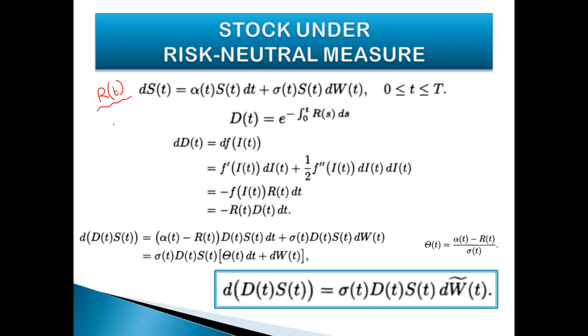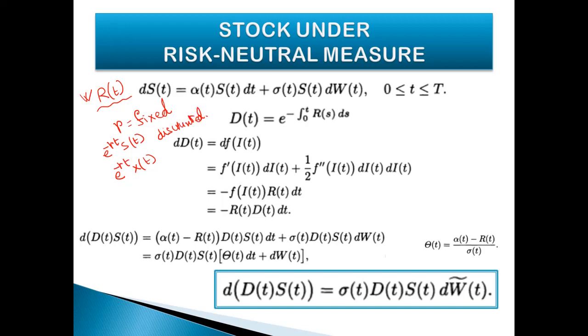So far we always discussed the interest rate as fixed, a constant R. Last time, when we talked about the discounted process, the discounted stock price, we always considered e to the power minus rt times S_t, or maybe e to the power minus rt times X_t. This is discounted.